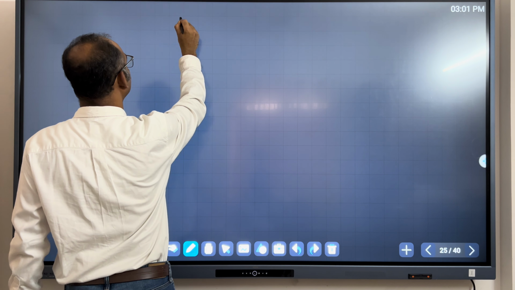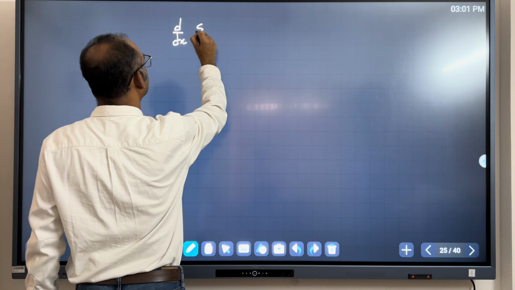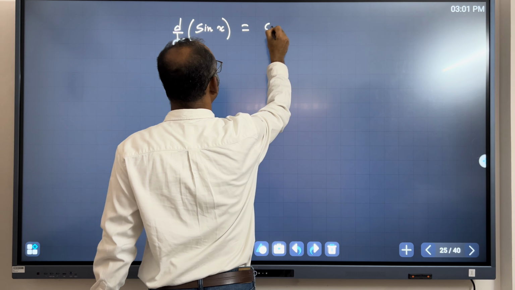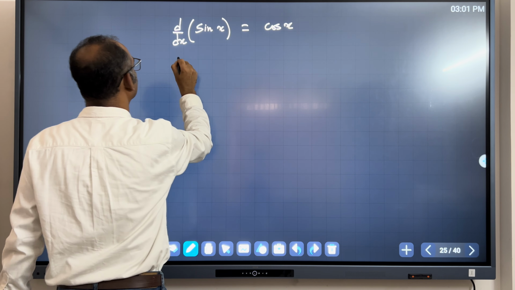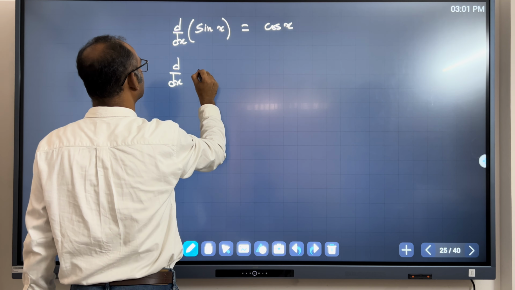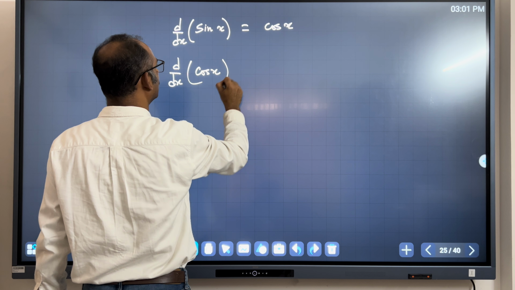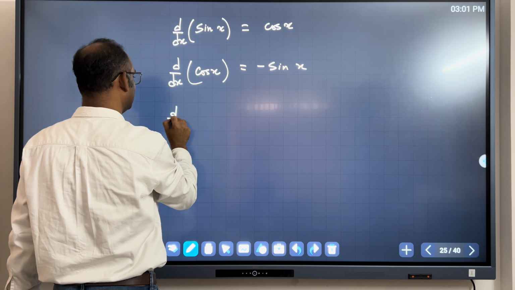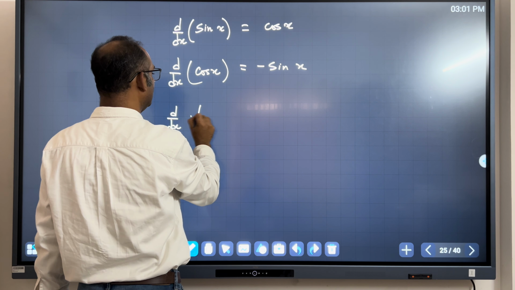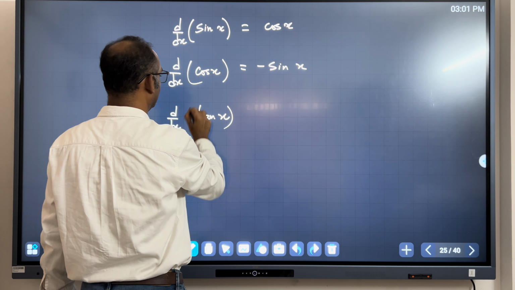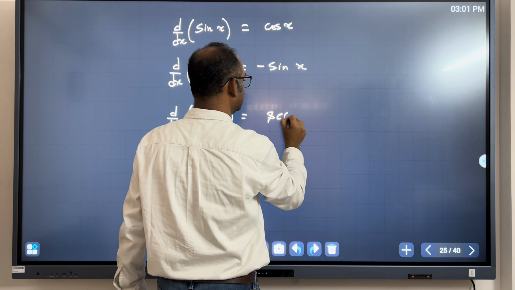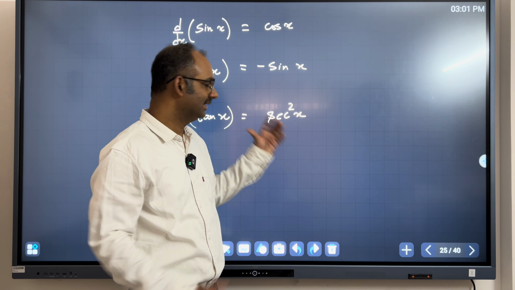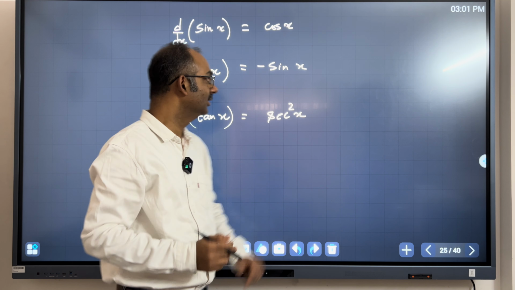Okay, so first one is d over dx sine of x is equal to cos of x, that we have already proved. This I think I gave as a homework, or maybe I did this, I don't remember. It was a homework, right? Okay, show that. Now this is a homework again. d over dx of tan of x is secant square x. Remember, when I write secant square x, it means secant x whole squared. That's the usual notation.